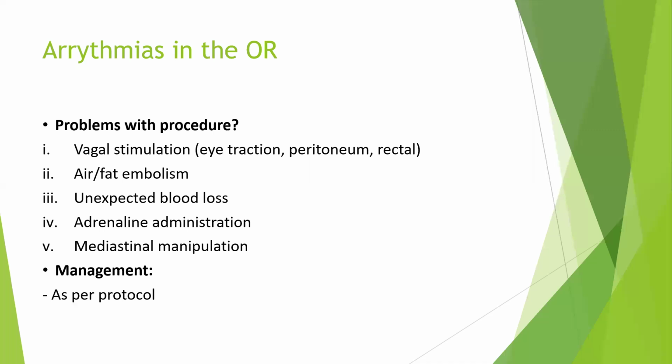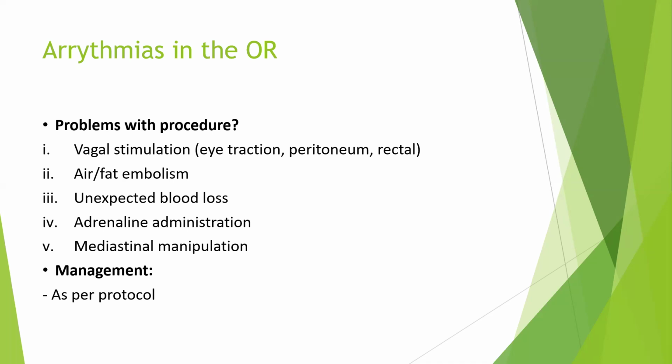In your obstetric patient, maybe the patient has thrown an air or fat embolism or even amniotic fluid embolism, all right? These are things you're going to look at, all right? Unexpected blood loss. I remember a case like that, somebody had to give a high dose of adrenaline to a patient under spinal, and you could see the heart race.